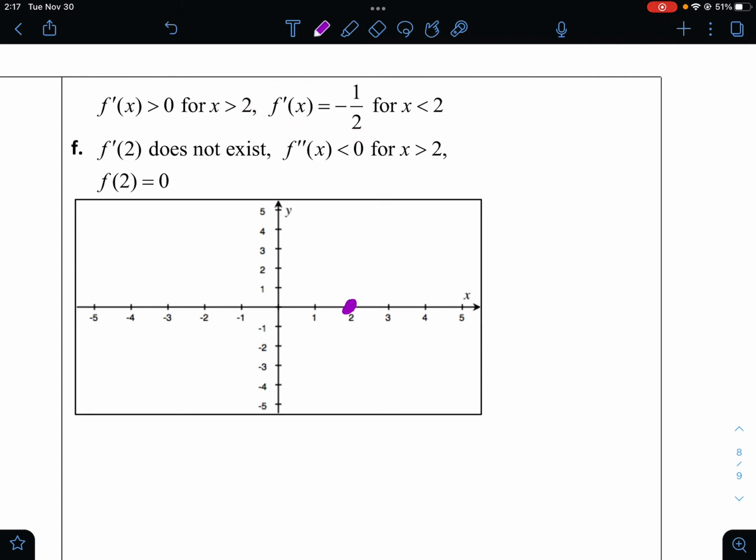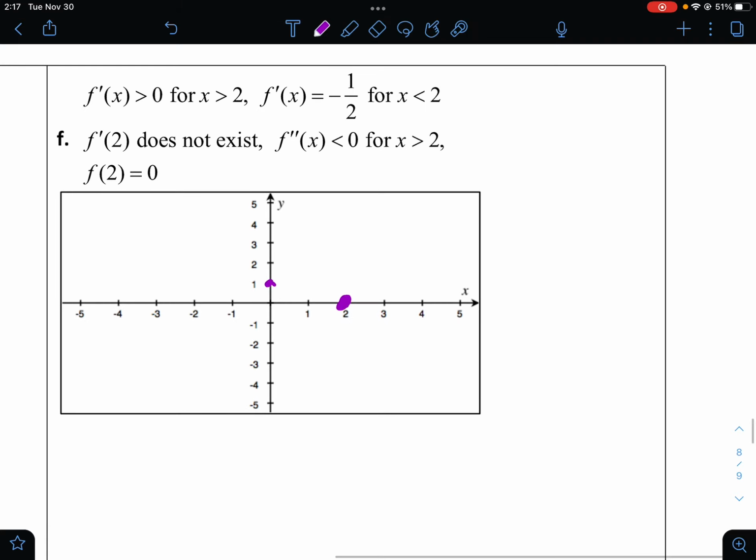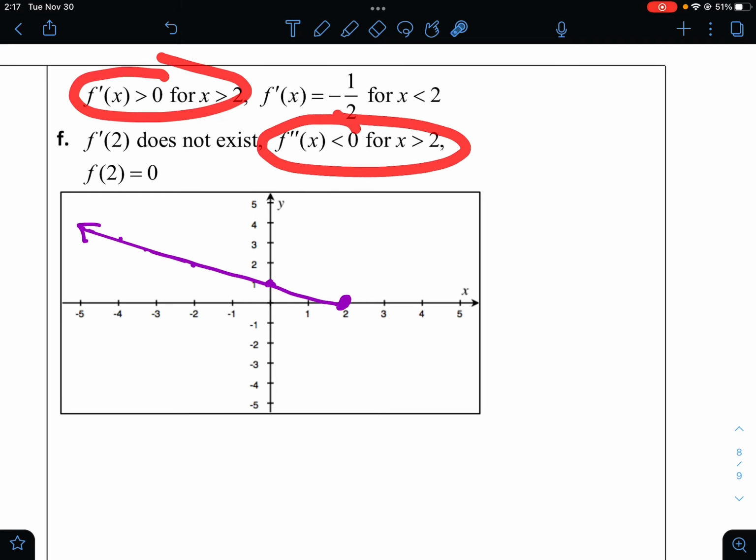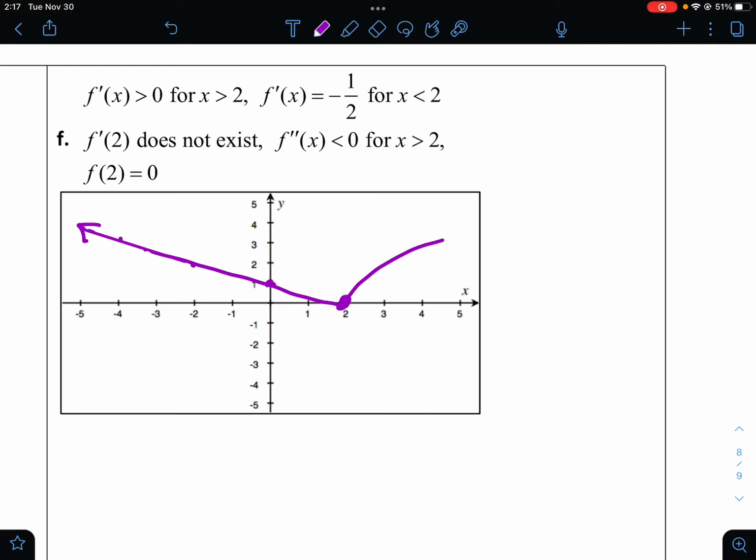So down 1, right 2, or up 1, left 2. And then to the right of 2, we want to be increasing and concave down. So maybe it looks like that.